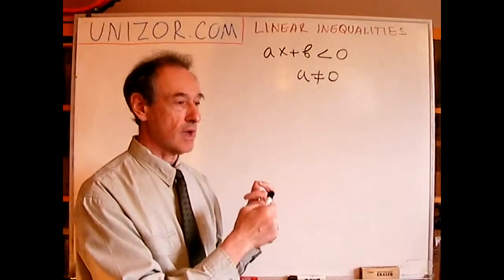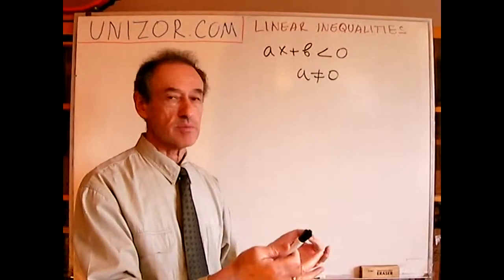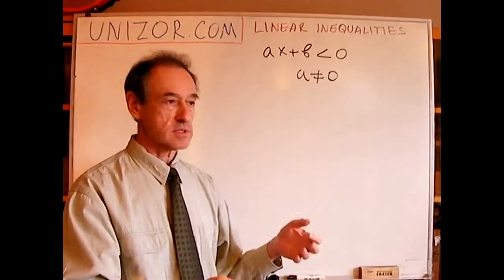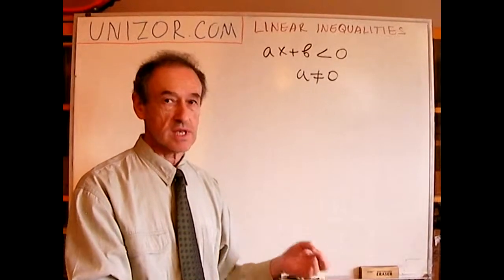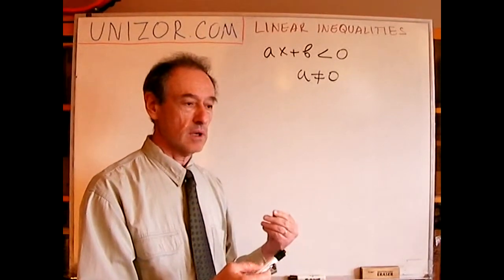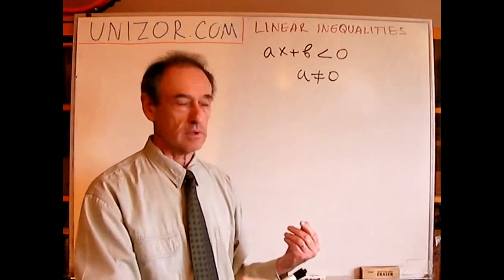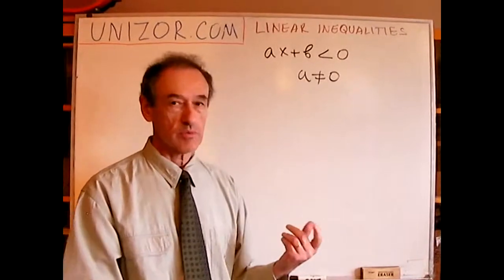If you have two numbers, one is less than another, and you add something, doesn't matter what, positive or negative, to both sides, the sum on the left and the sum on the right will be in the same relationship.